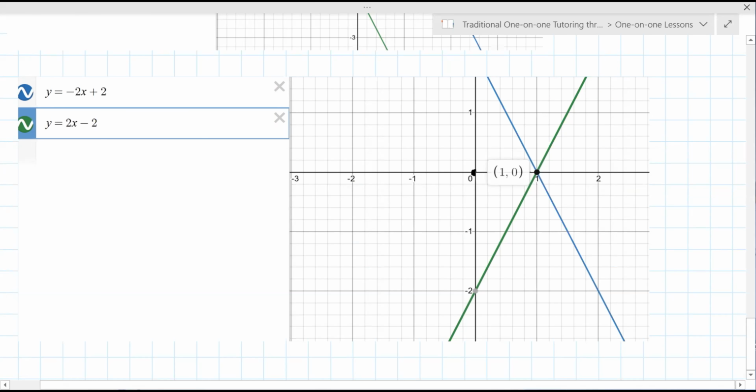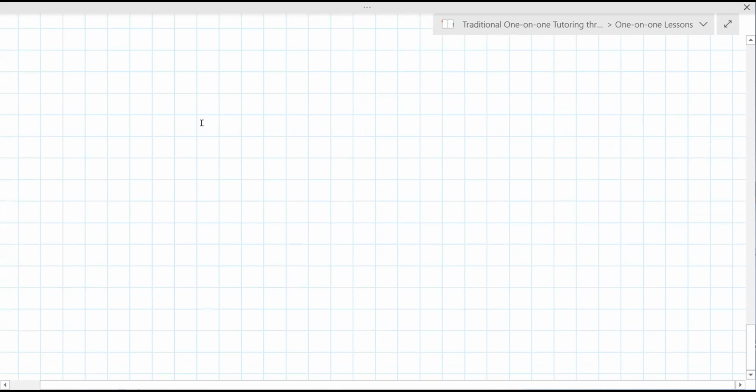I am still sharing my screen, and we're going to move to systems of equations that are not as nice as these. Like the ones I saw on your homework or your review that you sent by email, they're not in the nice form that we want them in.